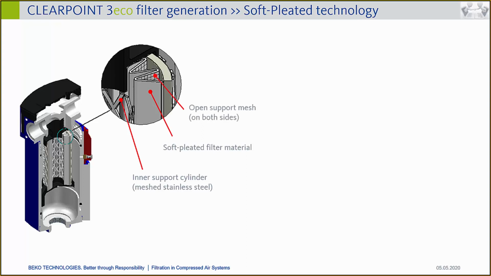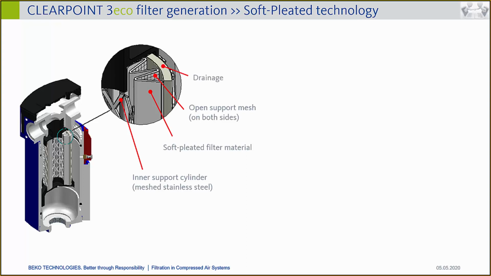Then we have the open support mesh. This is on both sides of the filter element, so on the inner and the outer layer of the filter media, and it gives a higher retention against mechanical stresses related to fluctuations in flow.